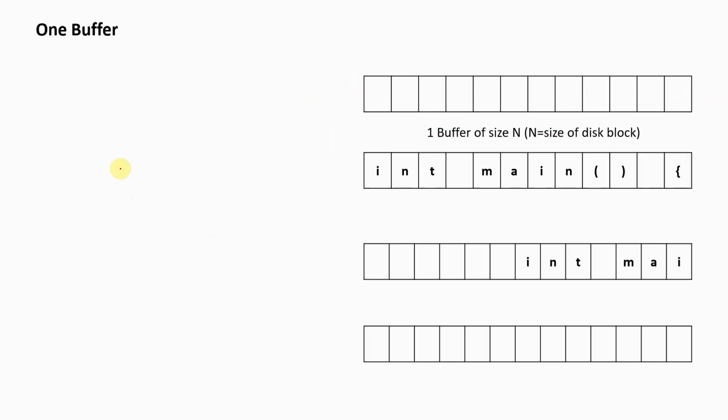In the one buffer scheme, we have a single buffer which is the size of the disk block. A block of code from the secondary memory gets read through a single system call and loaded inside the buffer.